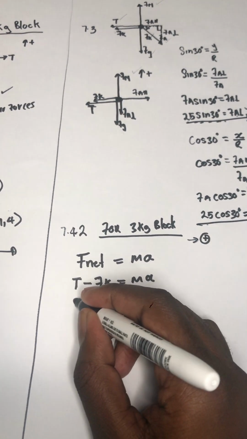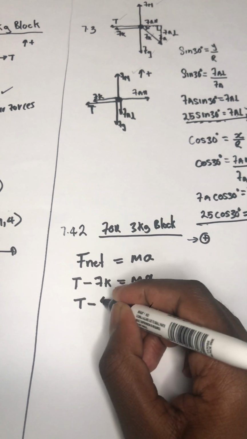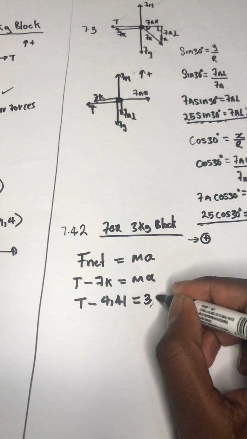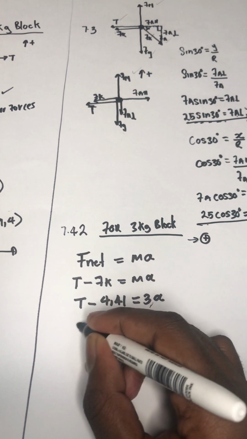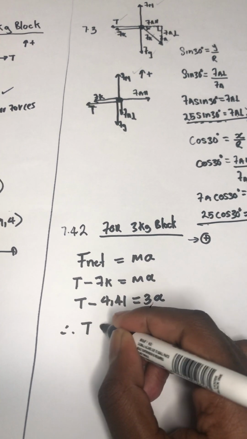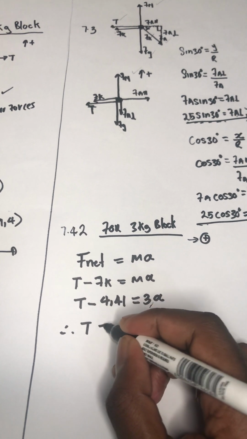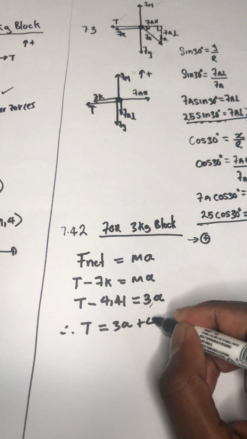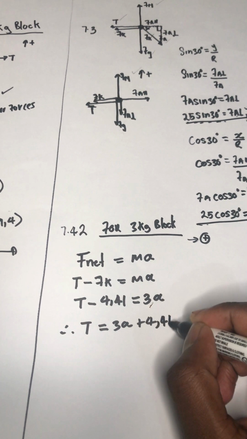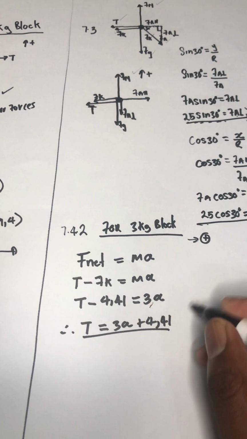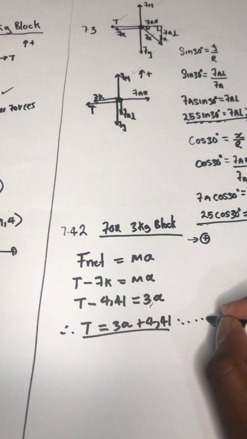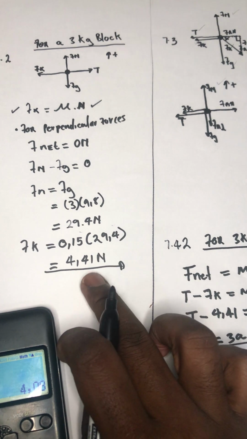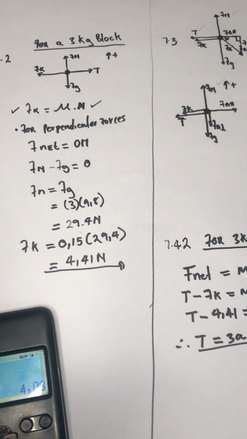Tension is unknown, so tension minus 4,41 is equal to 3a. Therefore tension is equal to 3a plus 4,41. This is equation 1. This is the frictional force we calculated earlier.